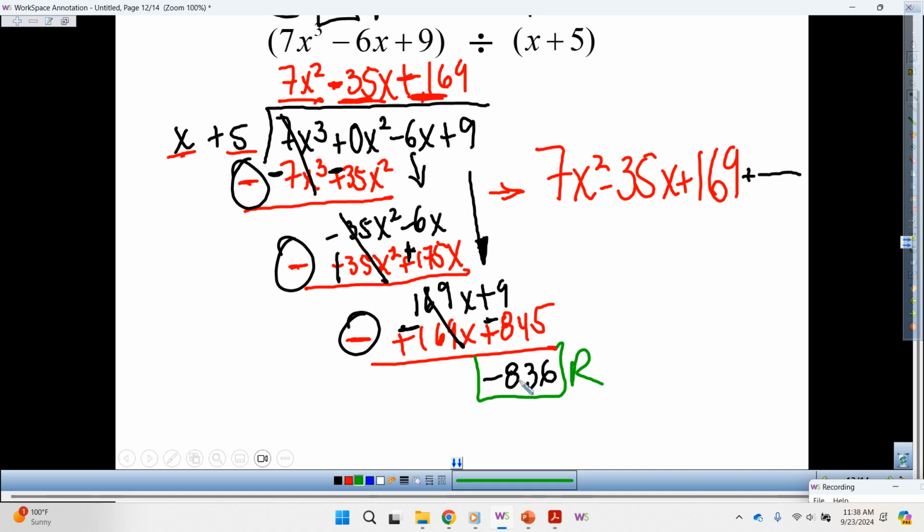So what's our remainder? Our remainder is negative 836. And what goes underneath that fraction? Tell your neighbor. See if they remember from long division. What goes underneath? Yeah, the x plus 5. That is correct, which is this one.